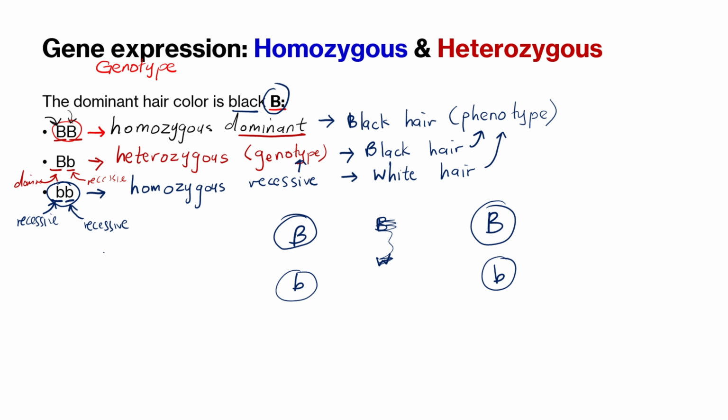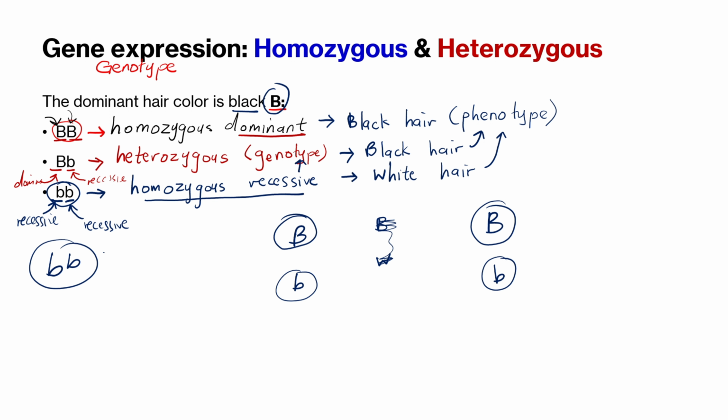So for the recessive to show in the physical characteristic, it can only happen if your genotype is homozygous recessive. Because if you've got something like this, small b, small b, both of them are recessive. This is homozygous recessive. There is no way that the dominant one will mask the recessive, because in essence here, we only have a recessive allele in your pair of alleles.